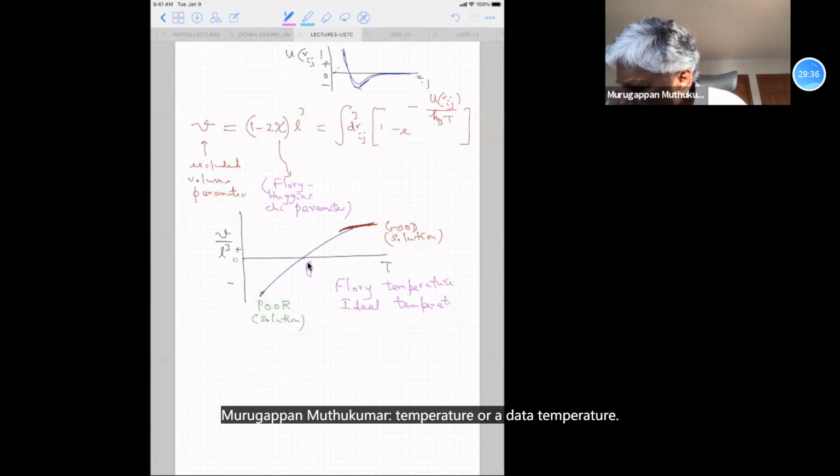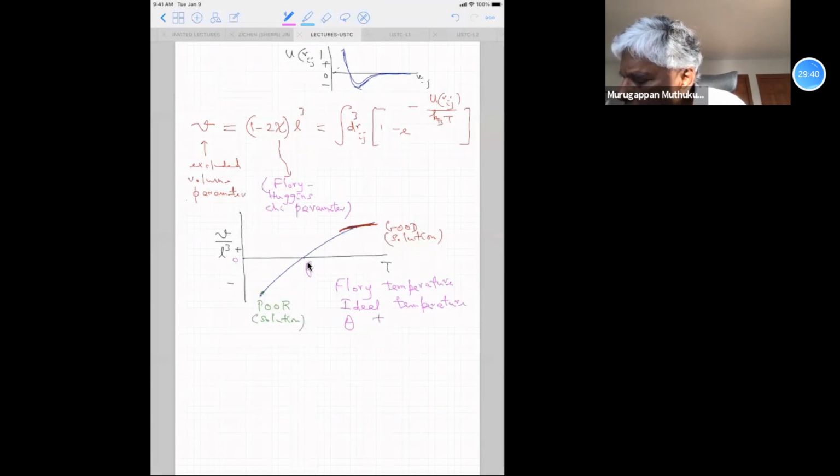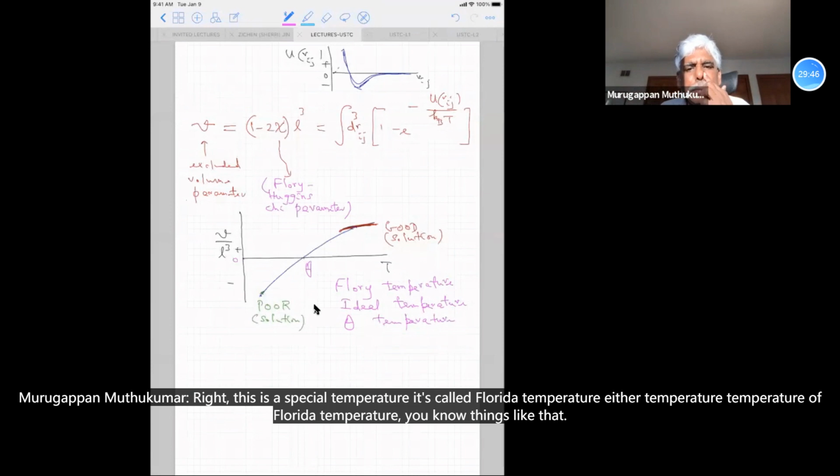Ideal temperature or a theta temperature. Right? This is a special temperature. It's called Flory temperature, ideal temperature, theta temperature, or Flory theta temperature, things like that.